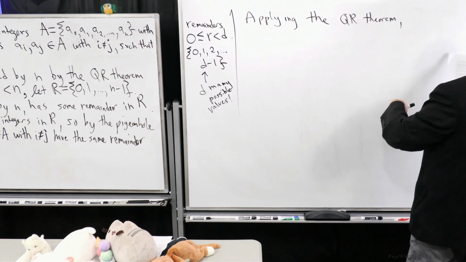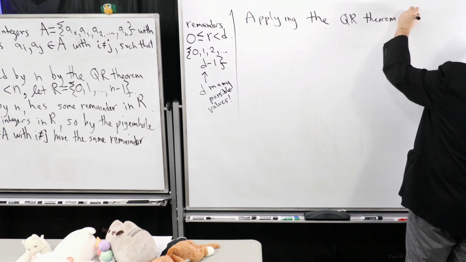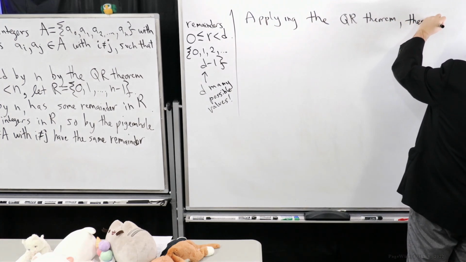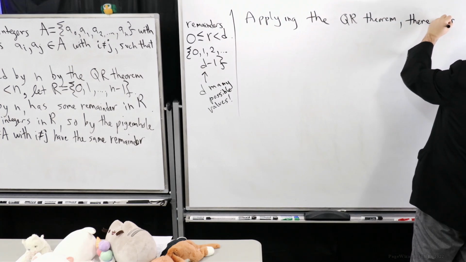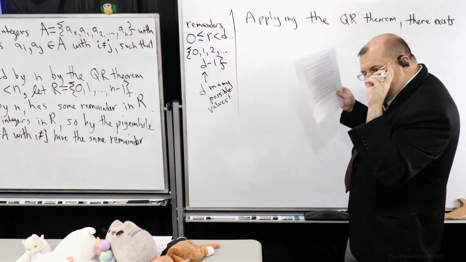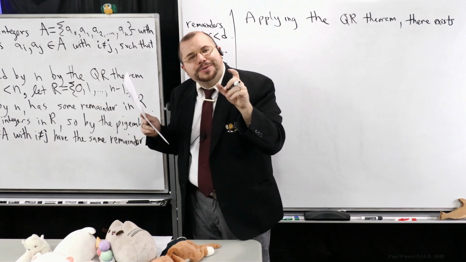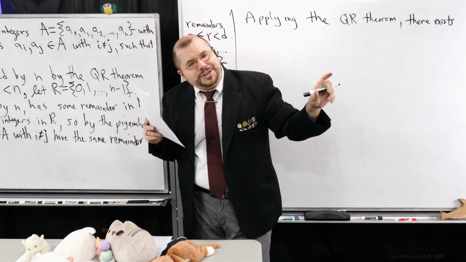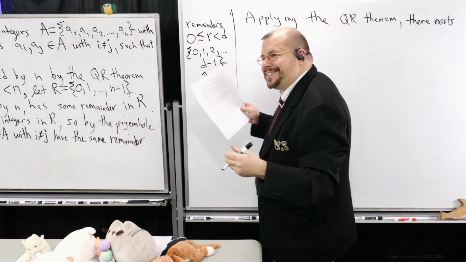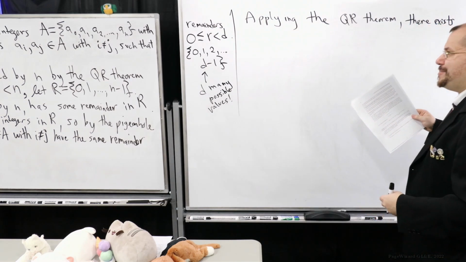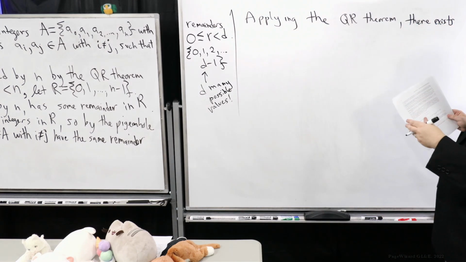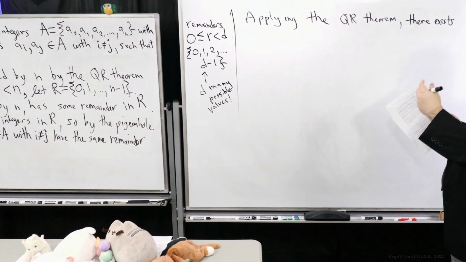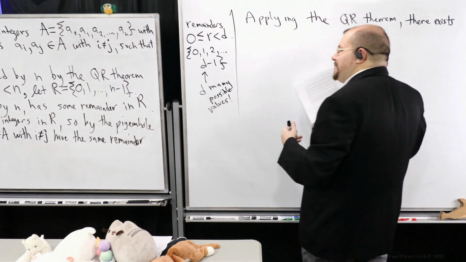We're going to apply the theorem to each one. There exist integers. Why? Because the theorem says that there's that integer q, and then there is the integer that's the remainder, right? They're unique. They get determined by, in this case, that integer in the set A versus n, which would be the positive integer here.